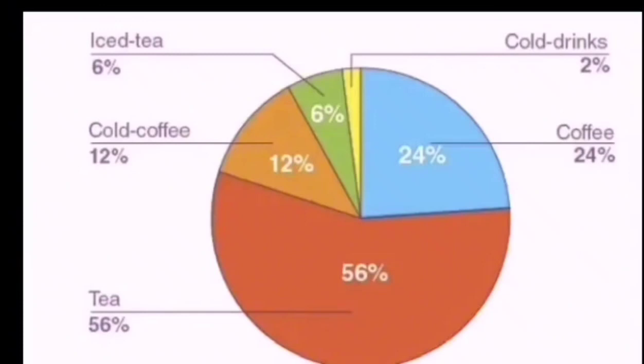The green part is iced tea, which has 6%. The orange part is cold coffee, which has 12%. The red part is tea, which has 56%, and the blue part is coffee, which has 24%. So this is an example of a circle graph.